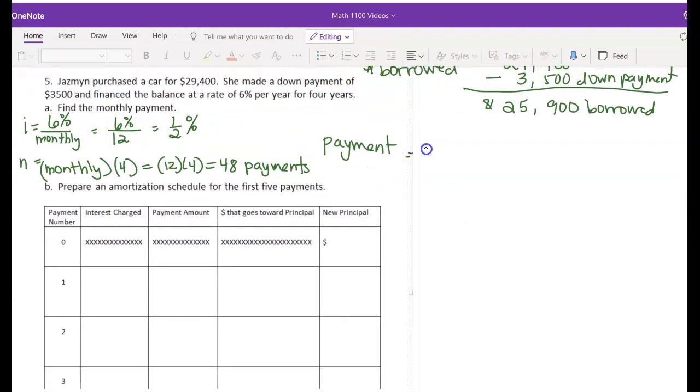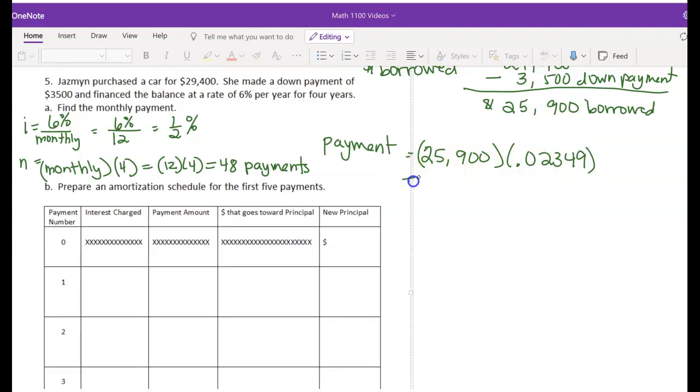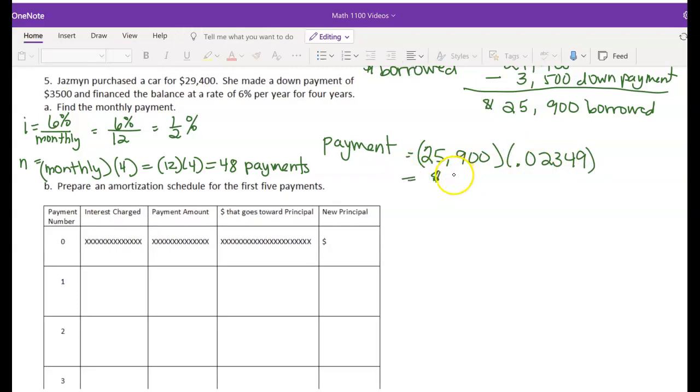So we're going to take the amount borrowed, $25,900, times that decimal, 0.02349, and we get a payment of $608.39 monthly. That answers part A.